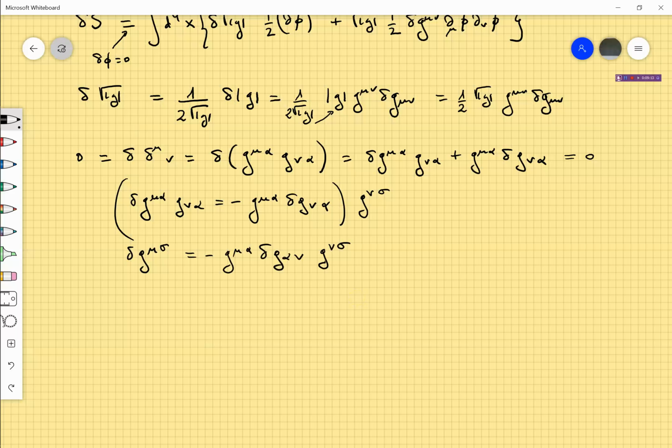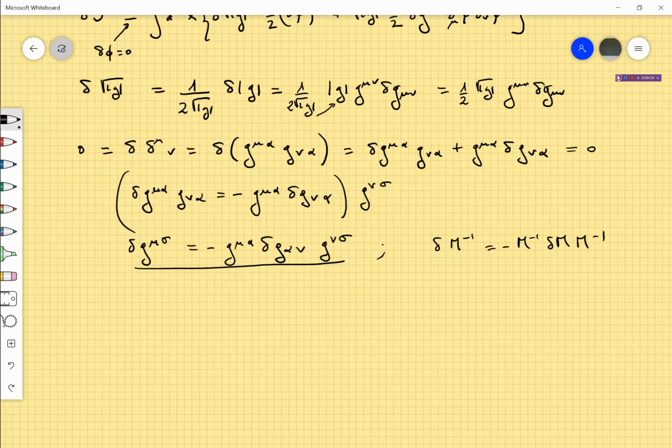Okay, this is the typical equation for matrices. The variation of M inverse is minus M inverse delta M M inverse, and this is the same for the matrix g_{alpha beta}.